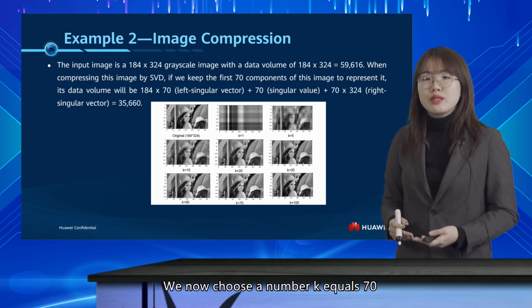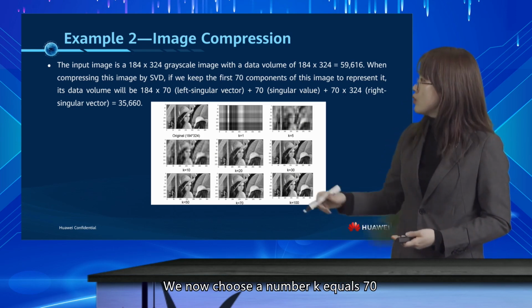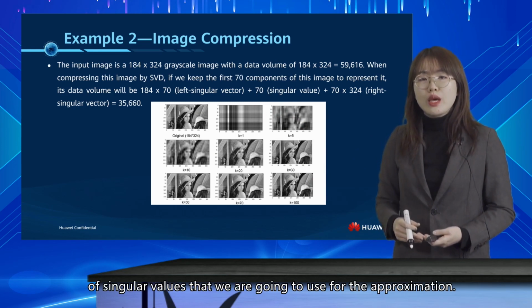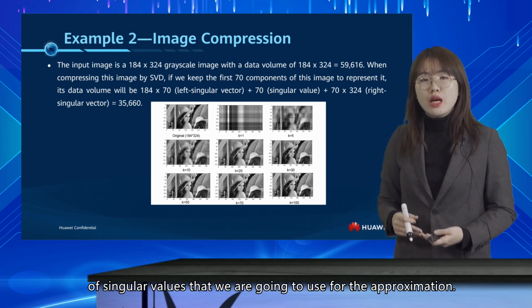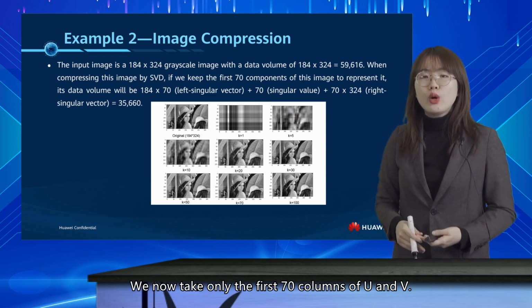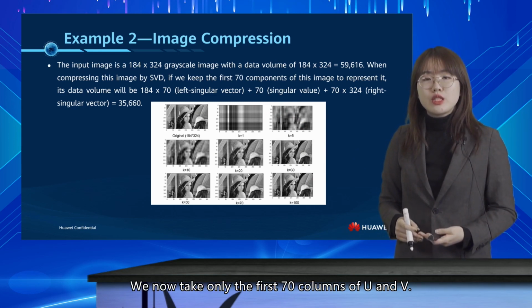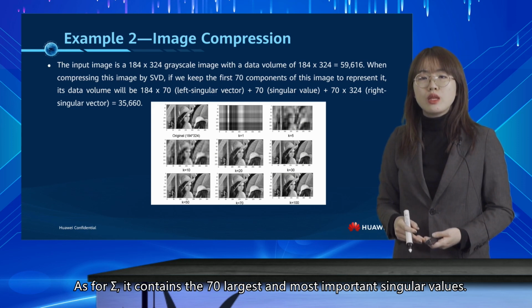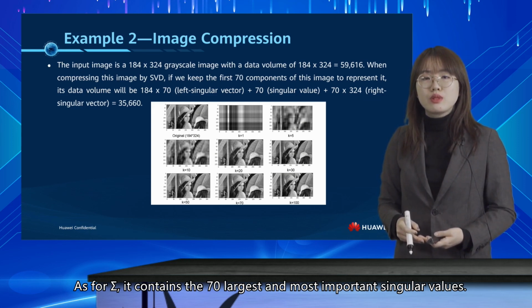We now choose a number K equals 70 of singular values that we are going to use for the approximation. We now take only the first 70 columns of U and V. As for sigma, it contains the 70 largest and most important singular values.